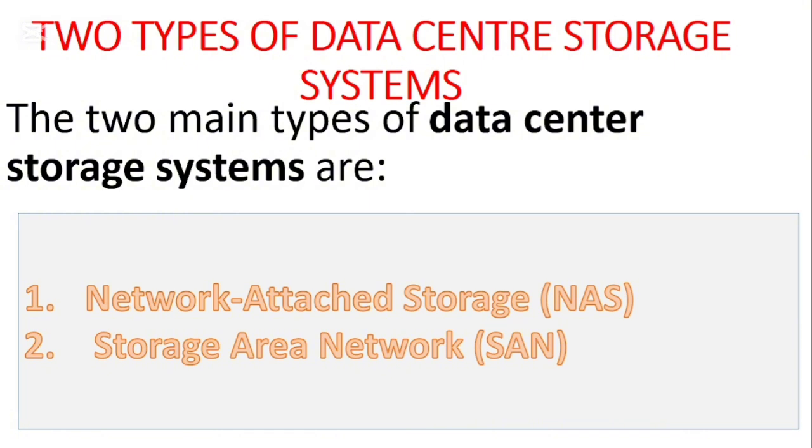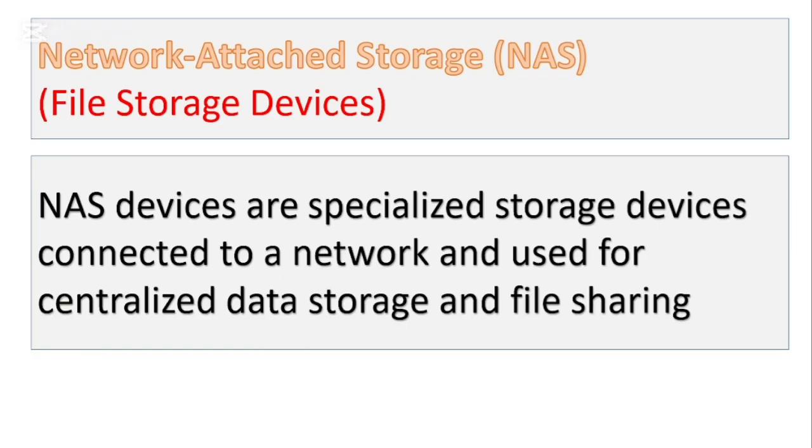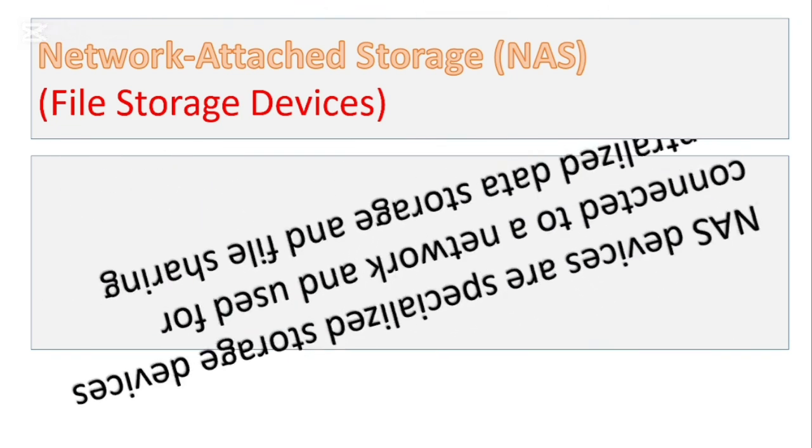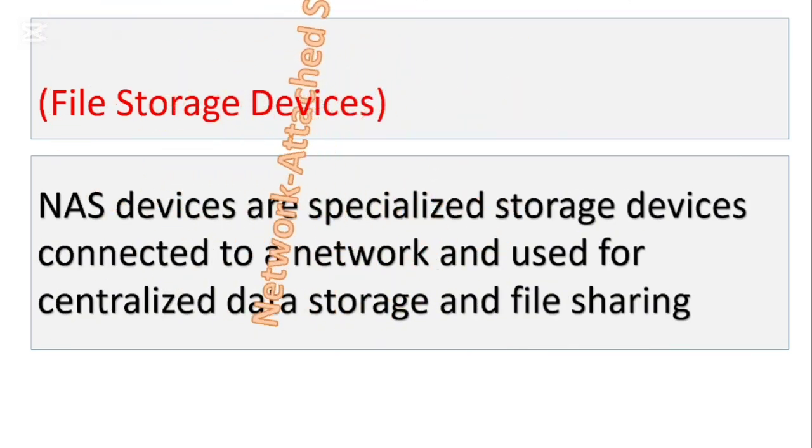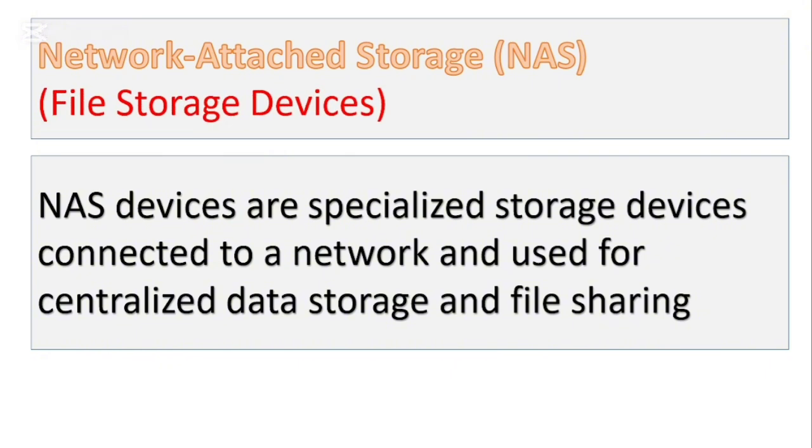Okay. Now, when you talk of NAS, that is network attached storage, in some books it is also referred to as file storage devices. So when you talk of a network attached storage, we are talking about a dedicated storage device connected to a network that allows multiple users to access files.